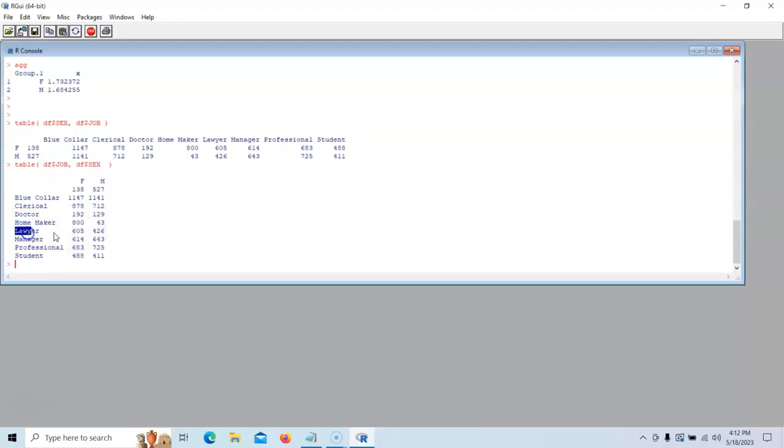What about lawyers? Looks like we got more women than men, and this might actually be statistically significant. Managers, professionals, students.